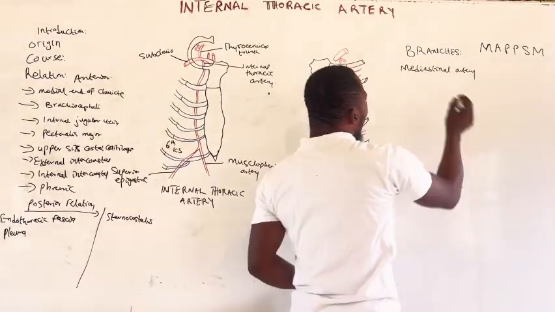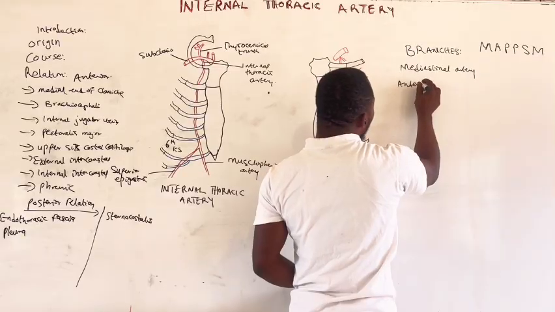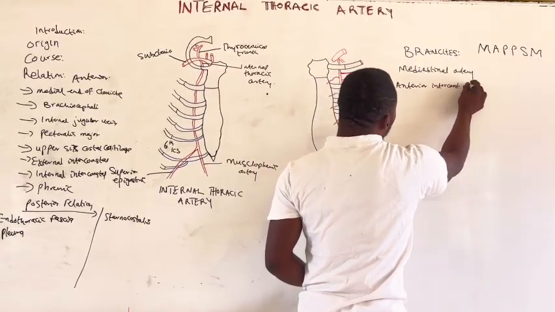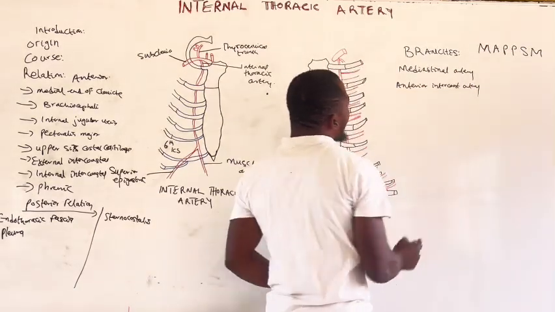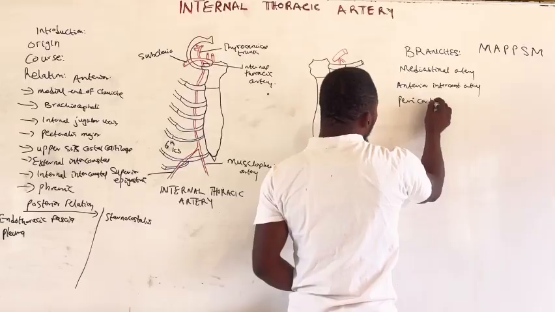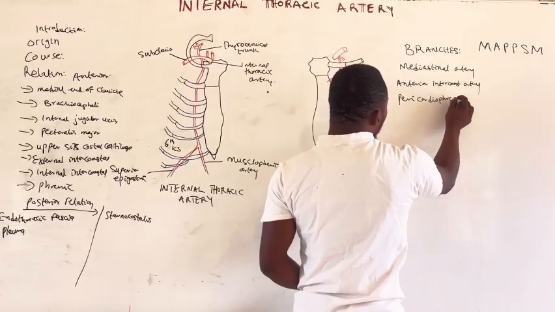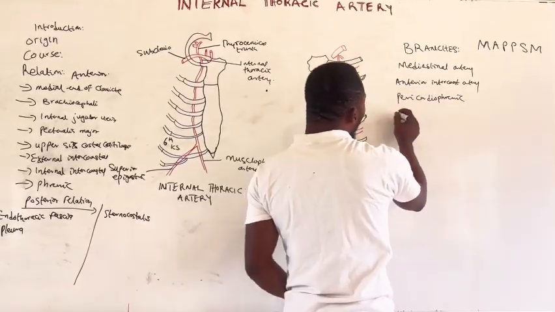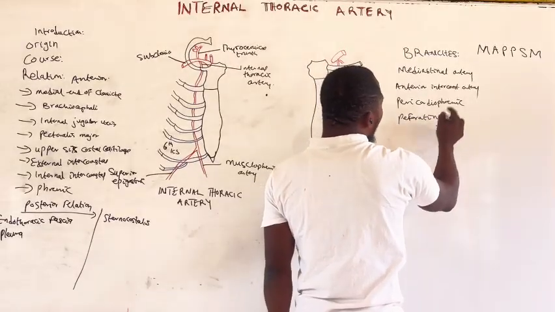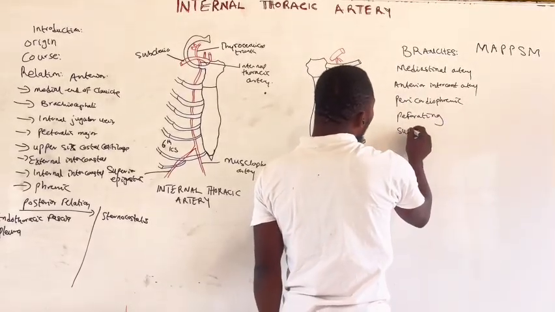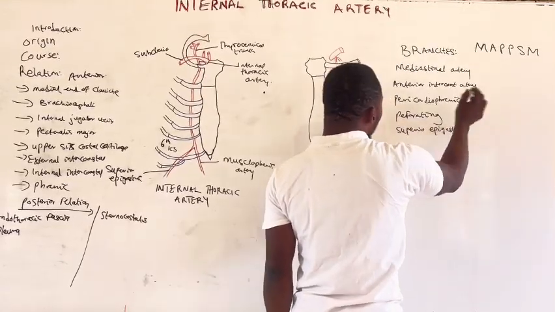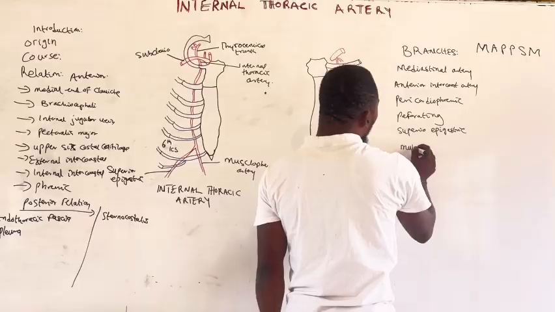The A stands for anterior intercostal artery. The P stands for pericardiophrenic, and the second P stands for perforating branch. Our S is superior epigastric artery, and the M stands for musculophrenic.